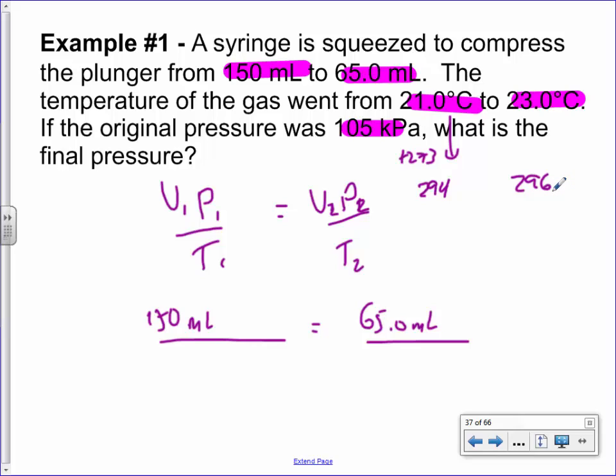Quick side note while we're here. Going up by 2 degrees Celsius might seem like a fairly large amount on the Celsius scale, because from 21 to 23, percentage-wise, that's a decent amount. But on the Kelvin scale, if you're measuring everything back to absolute 0 in theory where there's no heat whatsoever, the difference from 294 to 296 is barely noticeable.